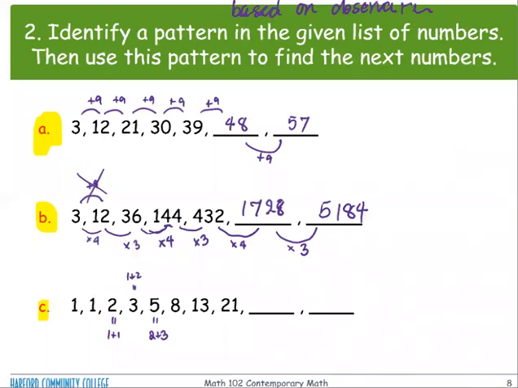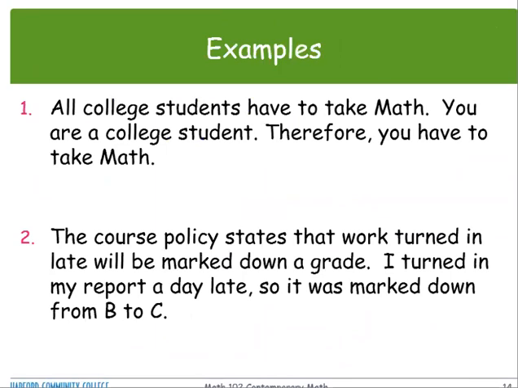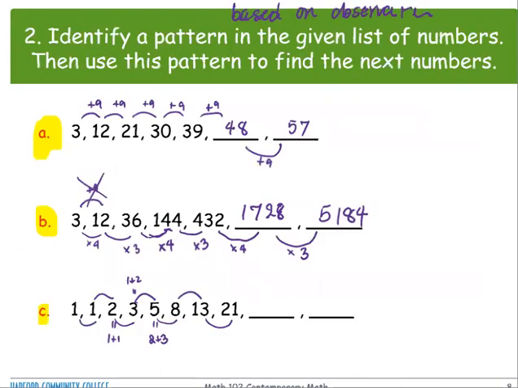So let's check. 1 plus 1 to get 2, and 1 plus 2 to get 3, 2 plus 3 to get 5, 3 and 5 to get 8, 5 and 8 to get 13, 8 and 13 to get 21. 13 plus 21, that would give us the next number, which is 34, I'm sorry.